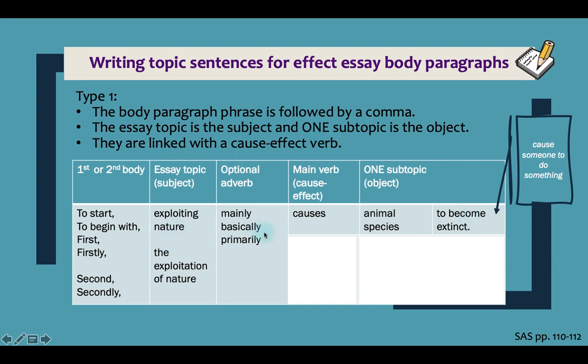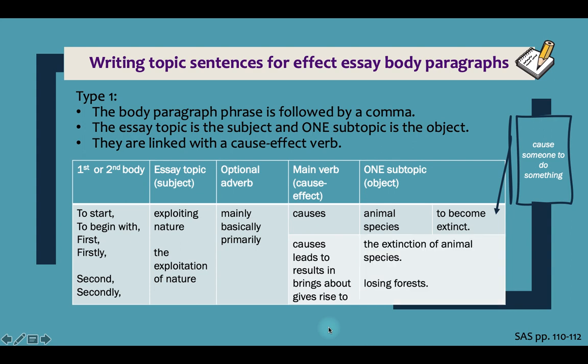The other way that we could do this is we could use lots of other verb forms, causes, leads to, results in, etc. And then we could have a normal object phrase, the extinction of animal species, losing forests. So this one does not have this extra verb in there.